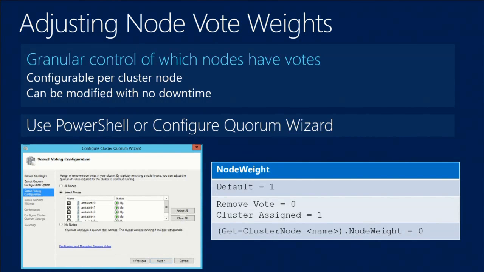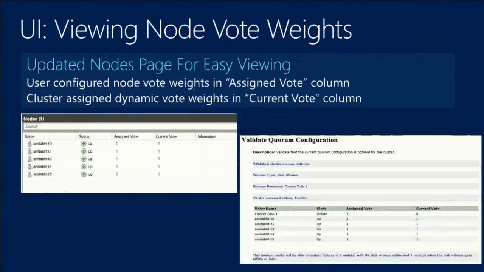You simply uncheck the nodes which you don't want to have votes, and cluster would configure those, removing the nodes' votes. By default, every node always has a vote. So out of the box, when you install Failover Clustering and create a cluster, all nodes in the cluster have a vote. And when you want to remove a vote, you just set a value of 0 to the node vote weight.